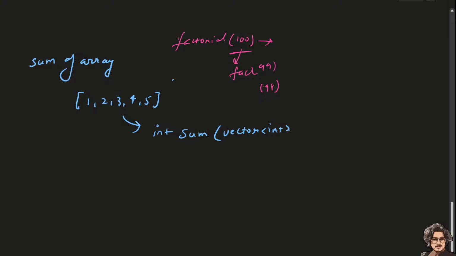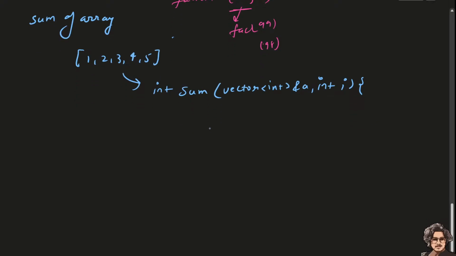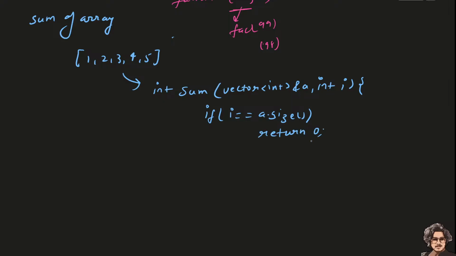I can write it with a, and I have to start from the 0th index, the ith index. First of all, if I reach a dot size, the end of this array, then we have to return 0. This is the base case, the time when we have to stop.